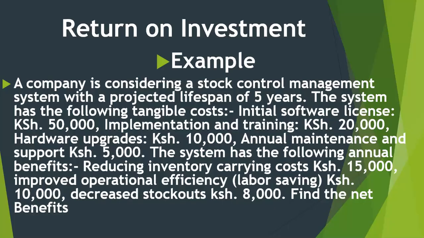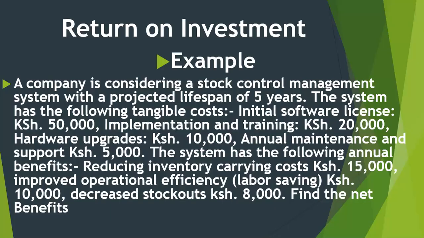So you add your 50,000 plus your 20,000 plus your 10,000, that is 80,000, plus your 25,000 because you multiply this by 5, and that gives you your 105,000. Now the system has the following annual benefits: reducing inventory carrying costs, Kenya shillings 15,000, improved operation efficiency or labor saving at 10,000, decreased stock out 80,000.